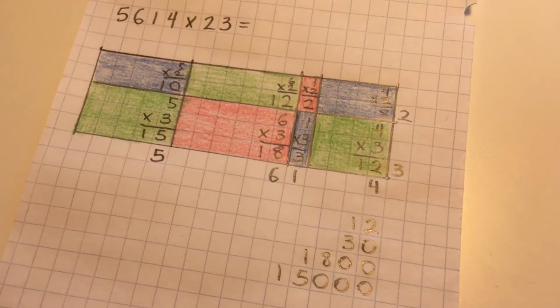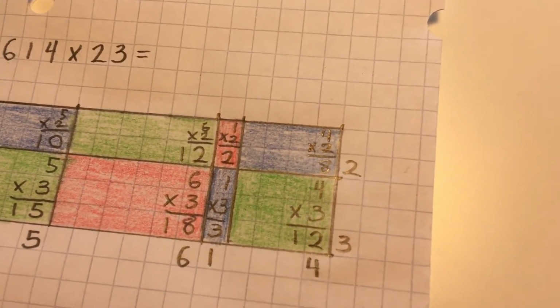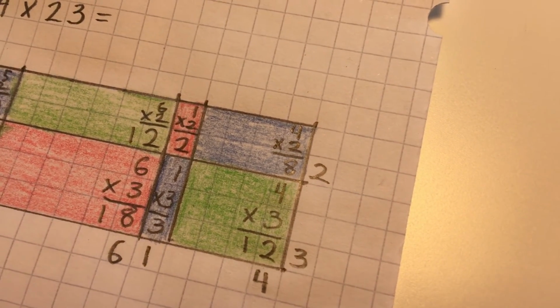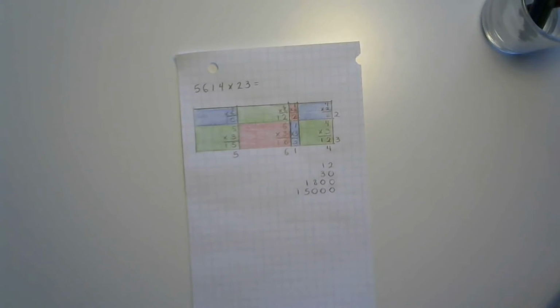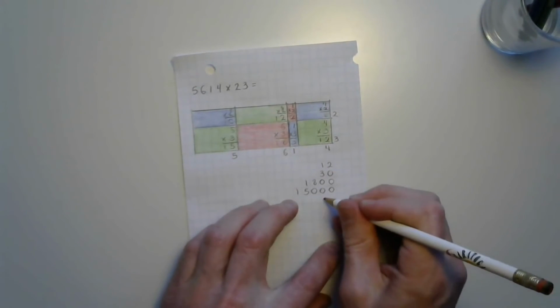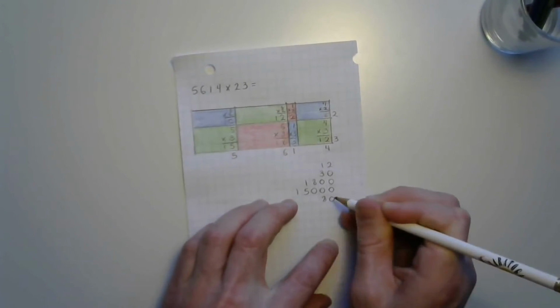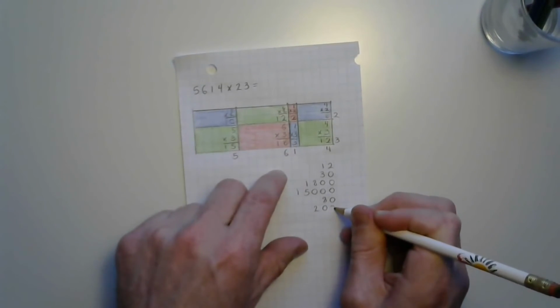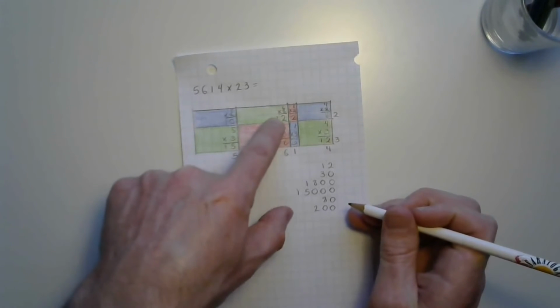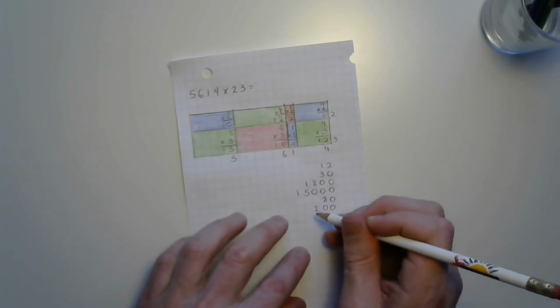We're going to start on our top row now, and keep in mind that that first square is a 10, and it has 8 in it. So what would that be? 80. Then we have 2 hundreds, or 200. 12 thousands, or 12,000.